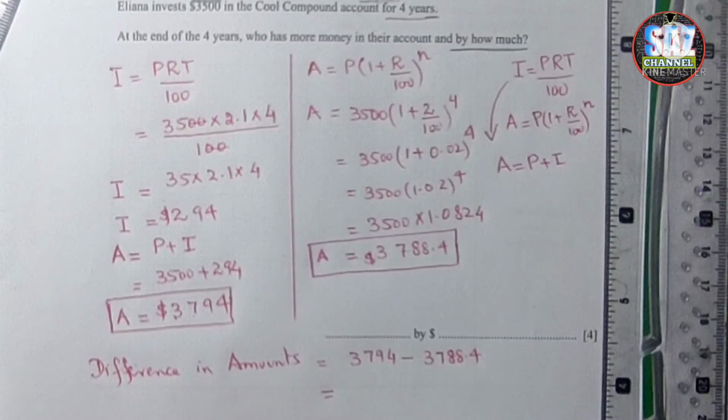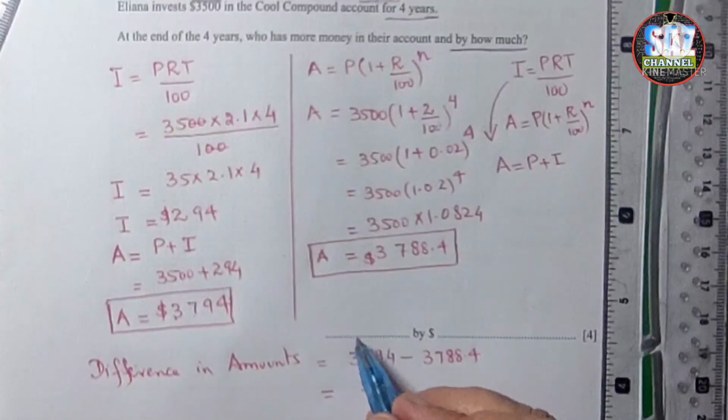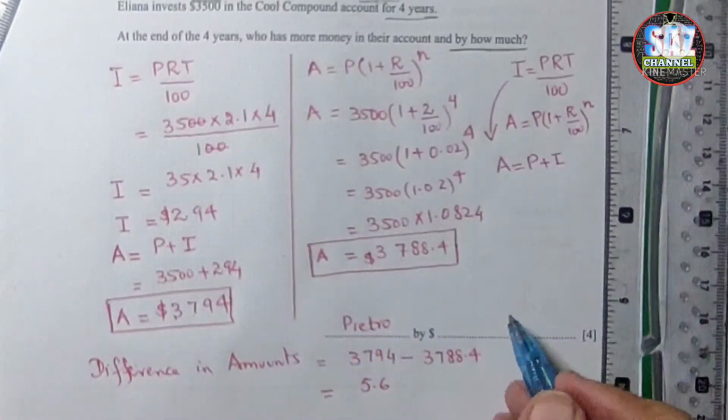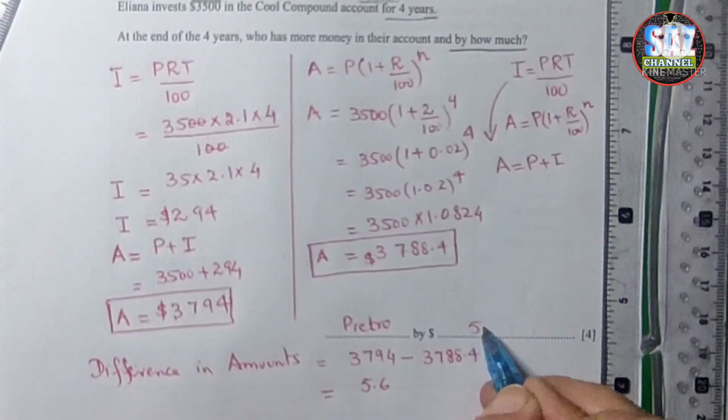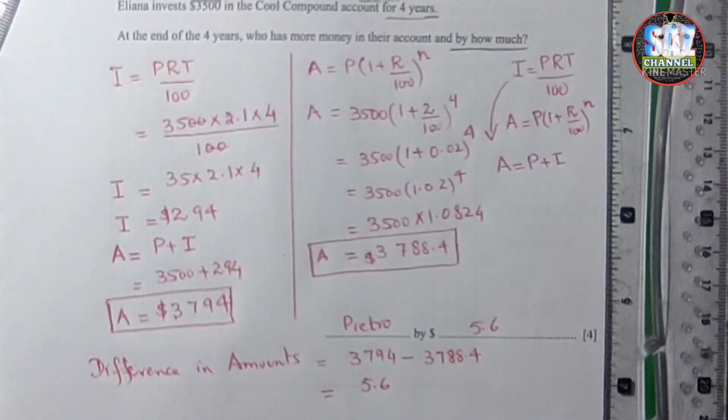Okay, 5.6, and this is who has the more money. This is Petro, and this is $5.6. Okay, let me check the calculation once again.